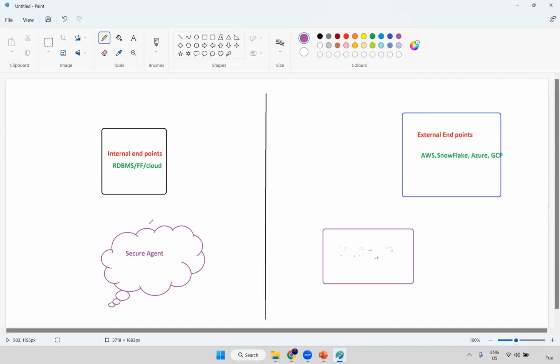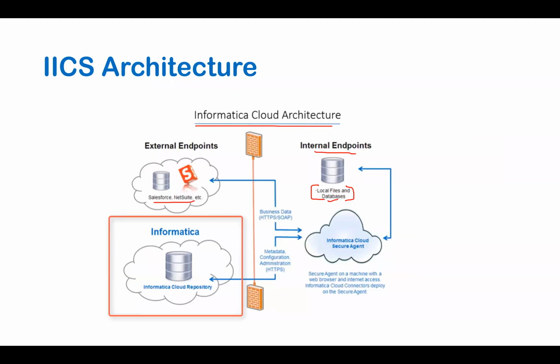The Secure Agent will take control, and it will tell you, okay, this is the firewall. Whatever you are moving from the internal endpoints to the external endpoints, whatever you are sending, needs to be secured.